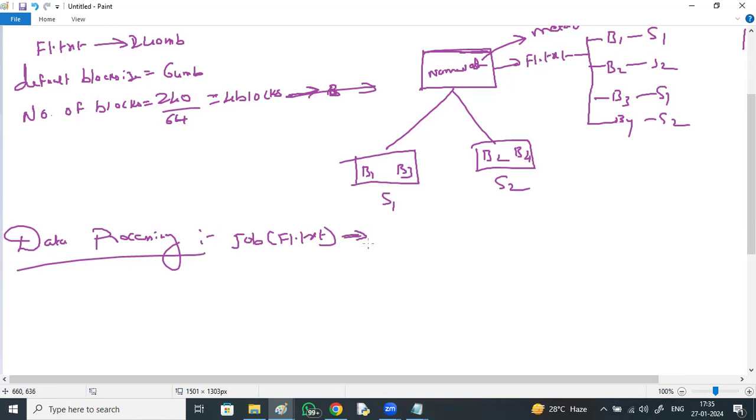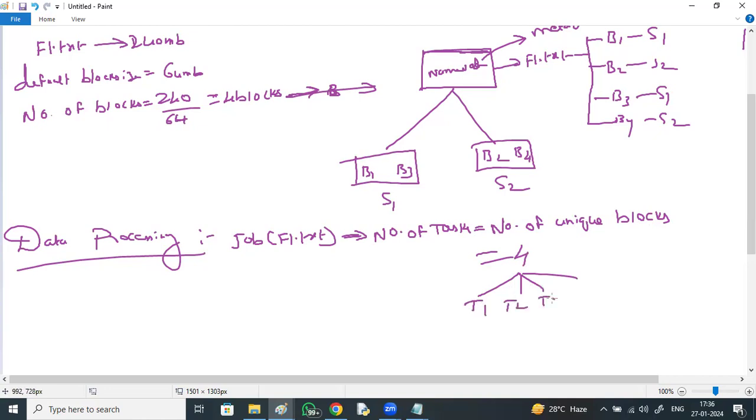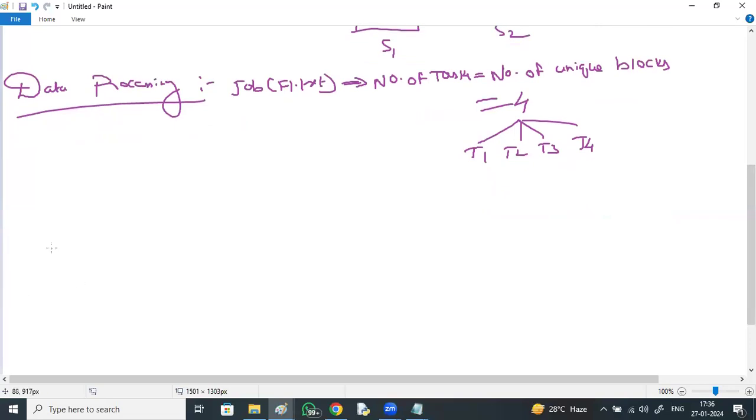Always the job is divided into tasks. Into how many tasks? The number of tasks in Hadoop always depends on the number of unique blocks. How many blocks? 4 blocks means the number of tasks is also 4: T1, T2, T3, T4.